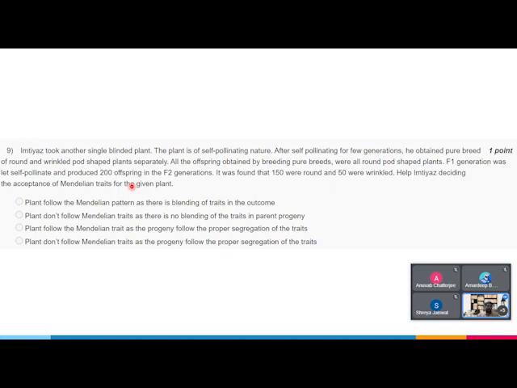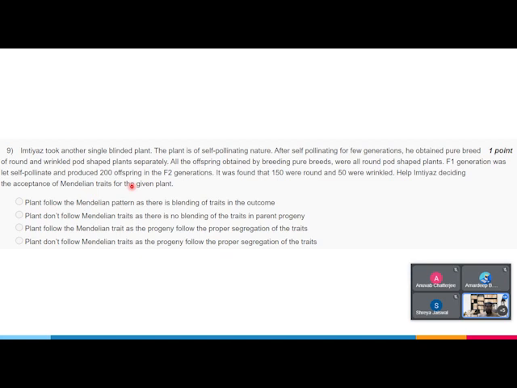So what exactly did Imtiaz do? First, he got two separate plant types, one with round pod shape and one with wrinkled pod shape. These are pure breeds, that is, they should be homozygous in their traits. He crossed them to find the F1 progeny, all of which had round pod-shaped plants.